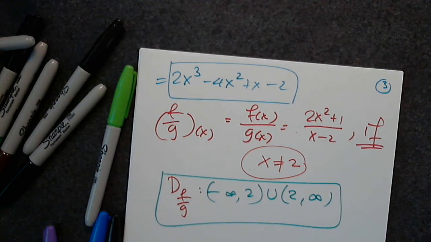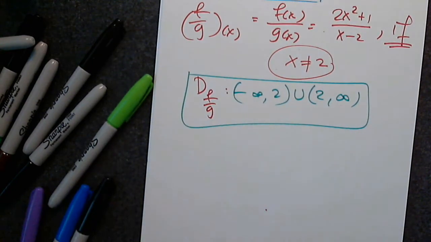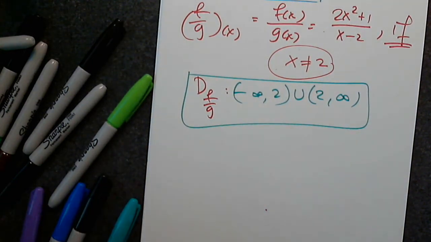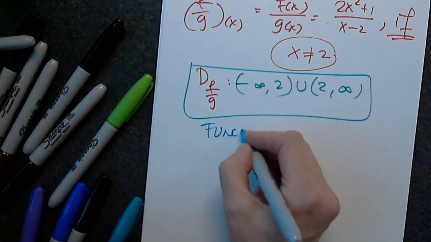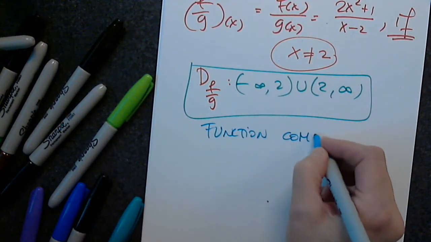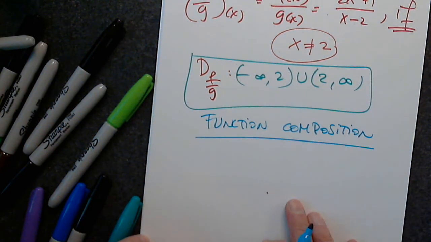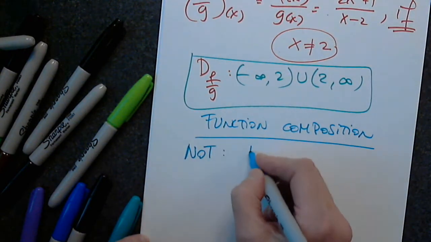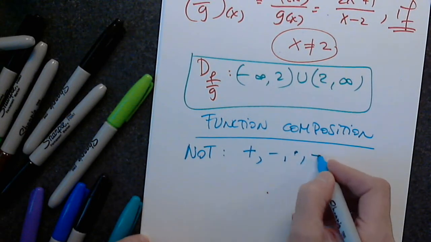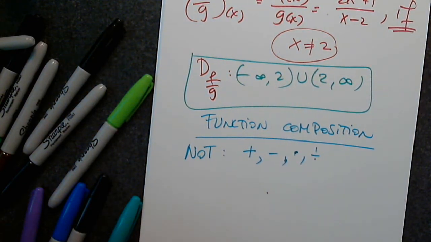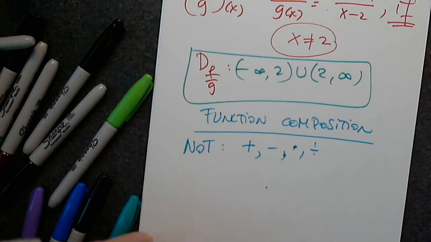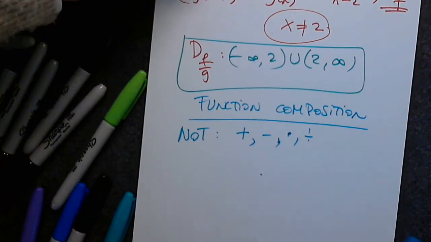There exists a fourth way of creating new functions, and that is called function composition. Which is not addition, subtraction, multiplication, and division. It's not. It's a totally new way.